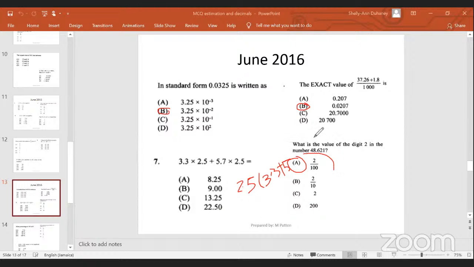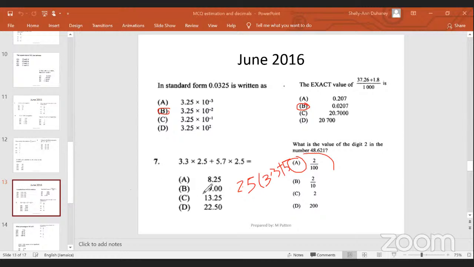So when I multiply out all of that, I want you to multiply this without the decimal and add it. When you do it without the decimal, of course, when you find the final answer, you're going to put in the decimal point.